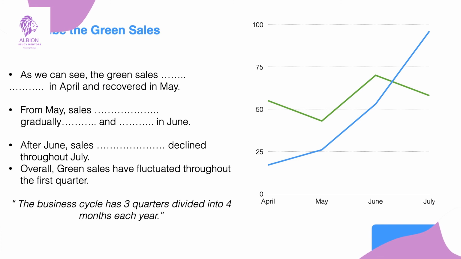From May, sales gradually, and in June. So from May, things change again. From May, sales rose gradually. Yes, sales rose gradually or climbed gradually.